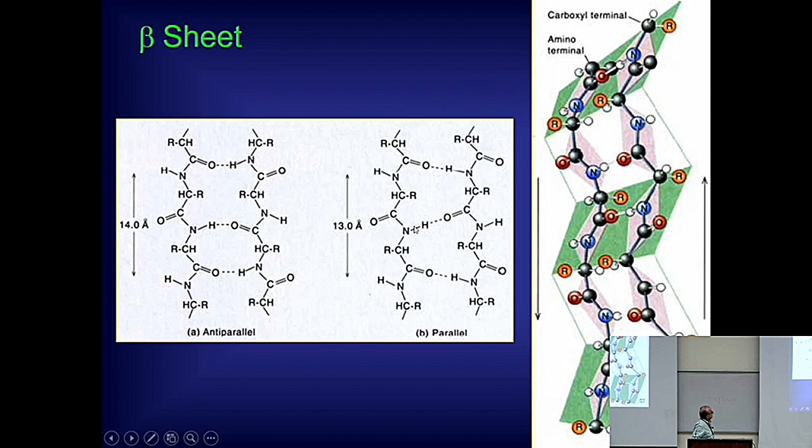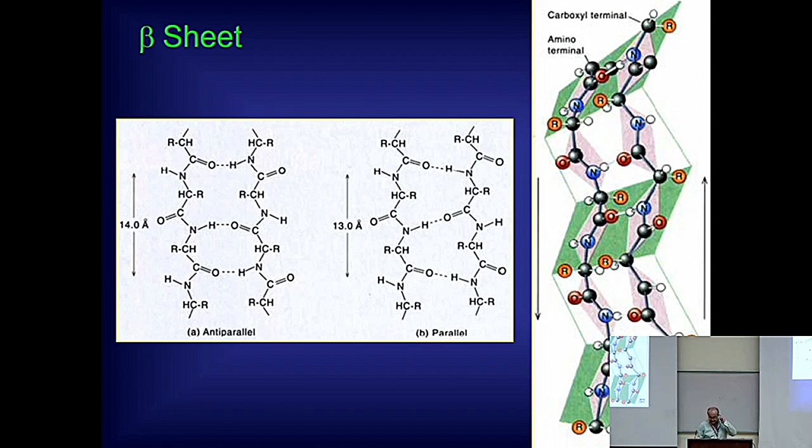Here's another one. You look and see all the peptide bonds are forming hydrogen bonds with the peptide bonds of the opposing segments. It's harder to see here, but there they are here, and so on. So again, the importance of hydrogen bonds for maintaining the secondary structure of the beta pleated sheet.